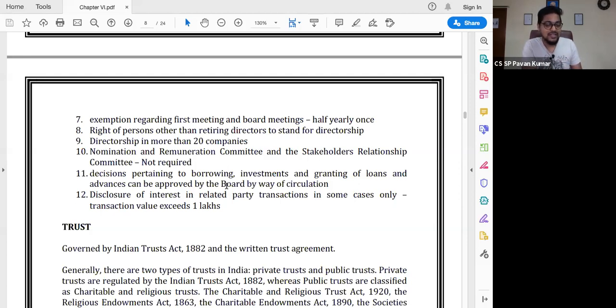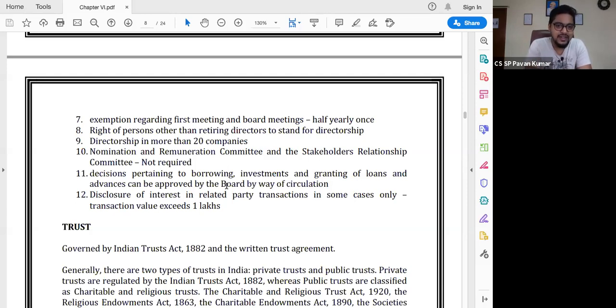What kind of transactions? Like taking borrowings, making investments, granting loans. So the Companies Act mandates directors to come in person and discuss. However, for a Section 8 company, it is not mandatory to do it in a board meeting. They can just circulate the resolution and get the approvals.